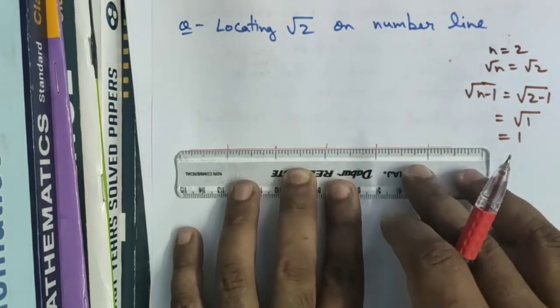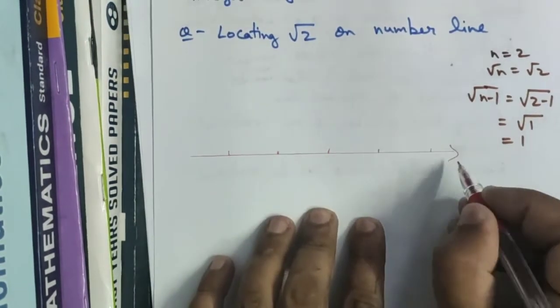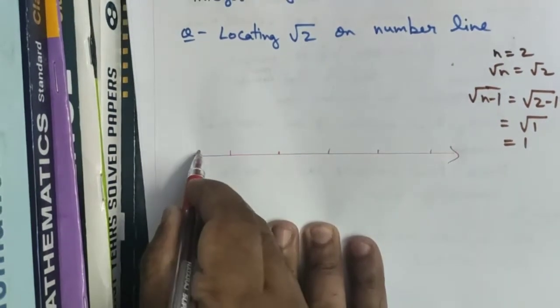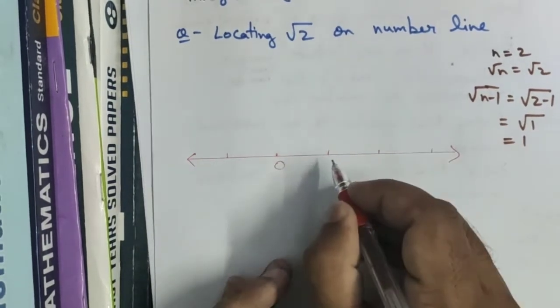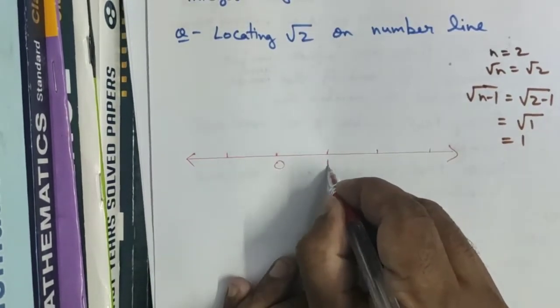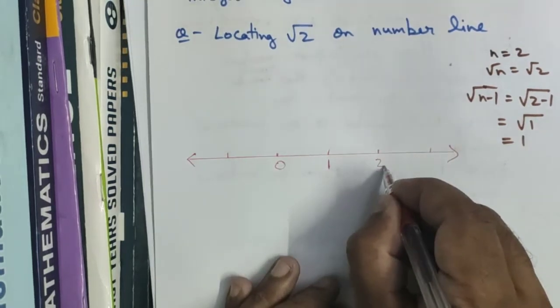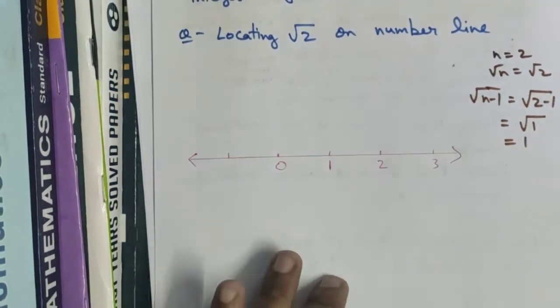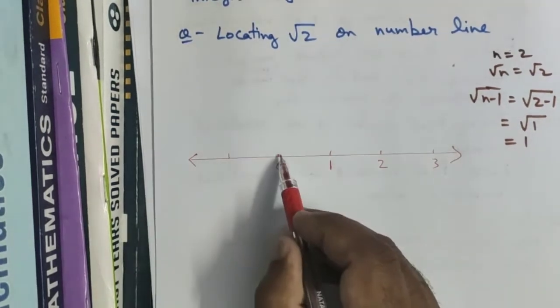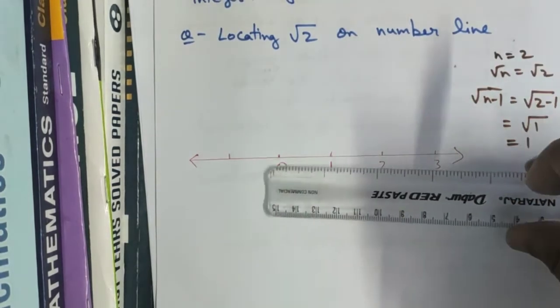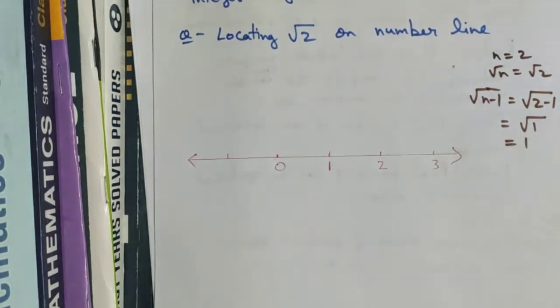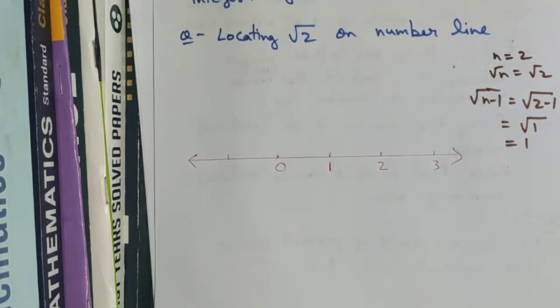This is plus infinity, minus infinity. Suppose this is 0, this is 1, this is 2, this is 3, and so on. From 0 to 1 is 1 unit. I've taken 1 unit as 1 inch.